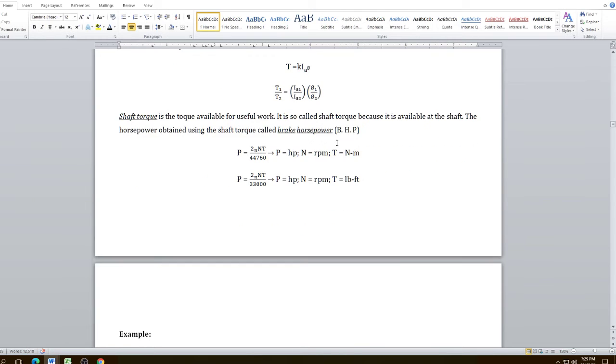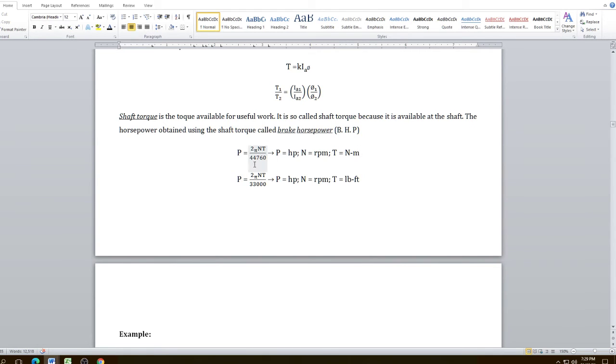Shaft torque is the torque available for useful work. It is called shaft torque because it is available at the shaft of the motor. The horsepower obtained using the shaft torque is what we call brake horsepower, or BHP.